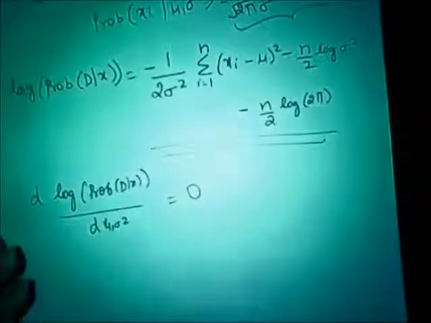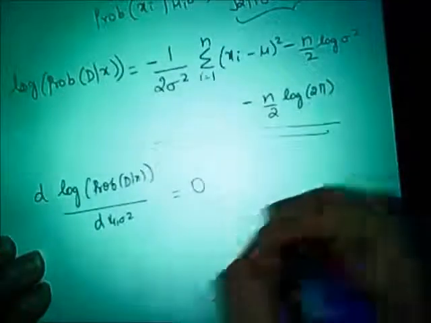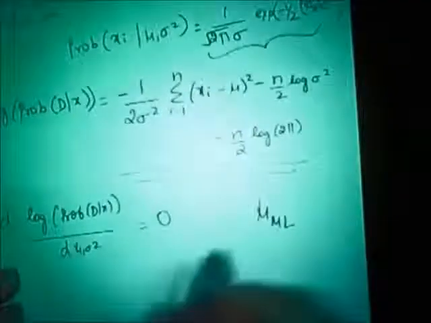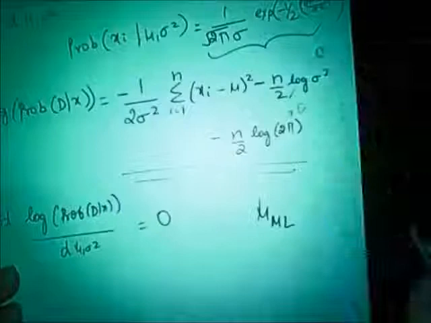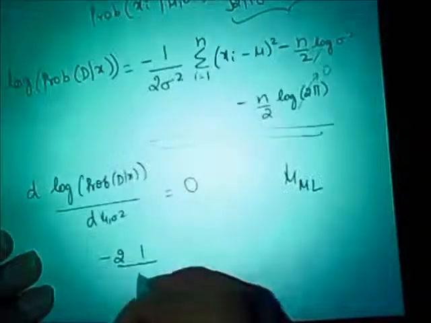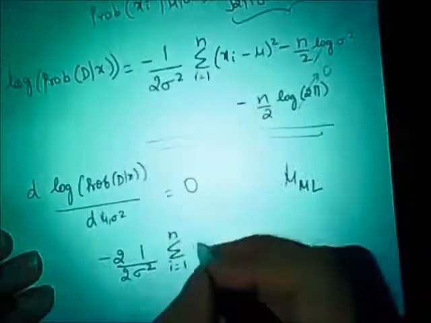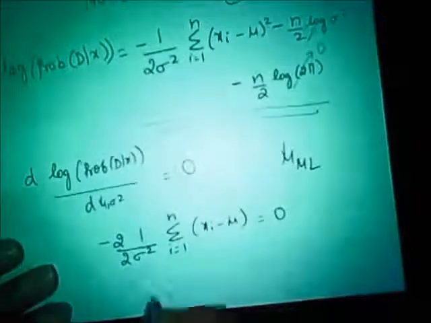So first I'm going to differentiate with respect to mu and then find out mu ml. When I differentiate this expression with respect to mu, I know that these two are going to go to 0 because they are not dependent on mu. So I'm going to get 2 times the sum over i equals 1 to n of xi minus mu equals 0.